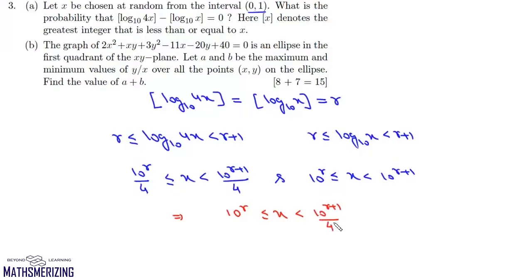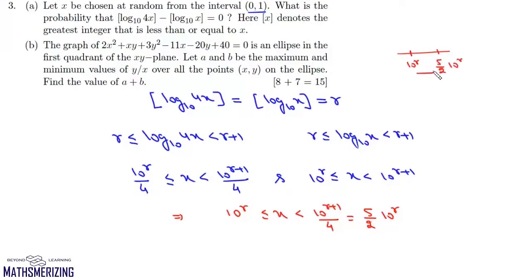Now we can write 10 to the power r plus 1 by 4 as 5 by 2 into 10 to the power r. So these two greatest integer functions will be equal when x lies between 10 to the power r and 5 by 2 into 10 to the power r.